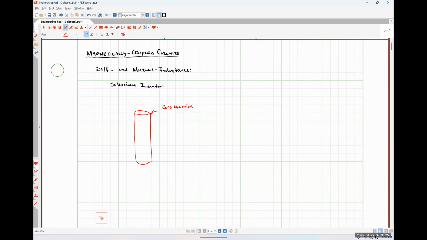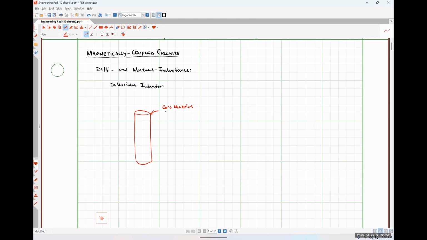And this core material can be a number of different things, okay? And the properties of that material will have a lot to do with how the inductor behaves. But the largest thing that the core material is going to contribute is what's called its permeability, okay?